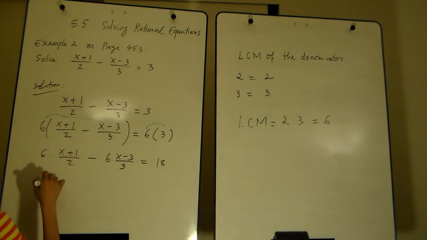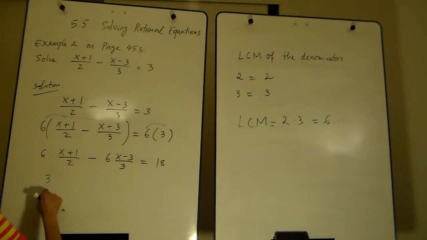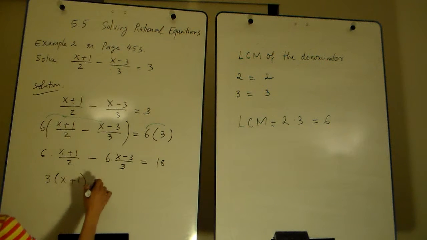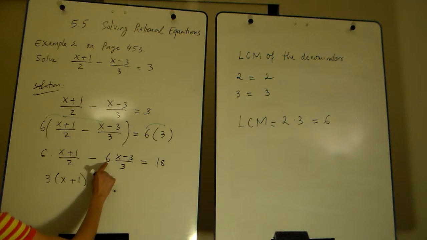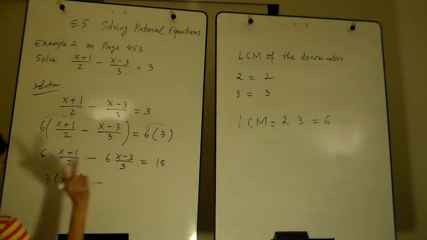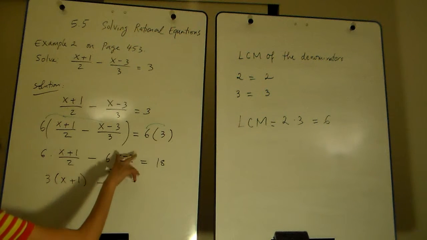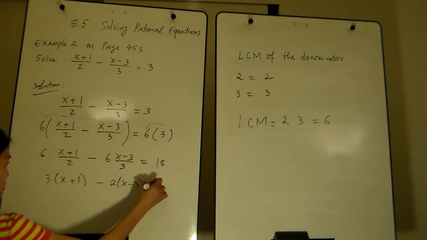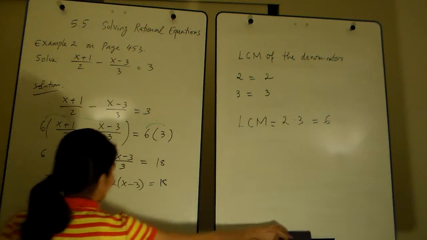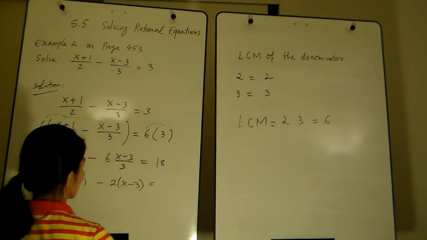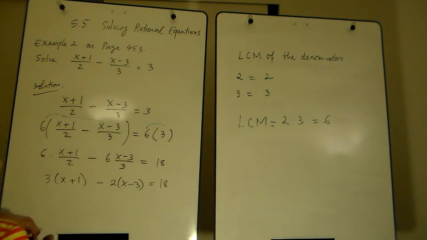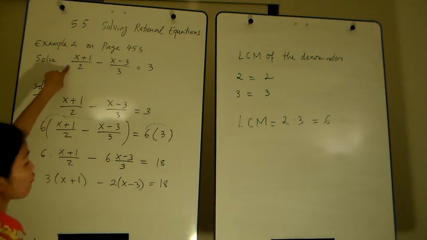The remaining is x plus 1, minus, again, 6 on top divided by 3. The bottom is 2. 2 times the remaining, x minus 3, equal to 18. Alright. When you see solve, it means solve for x.